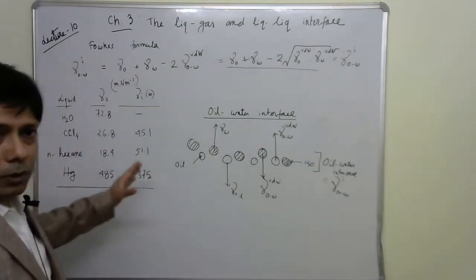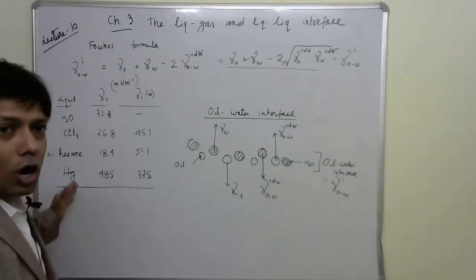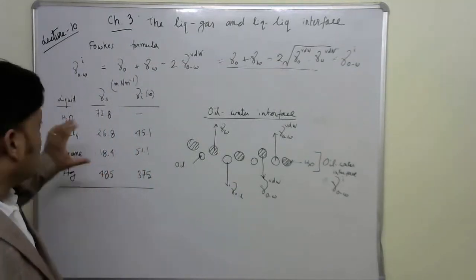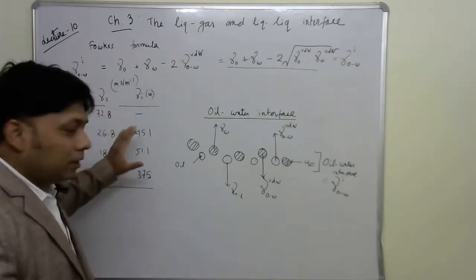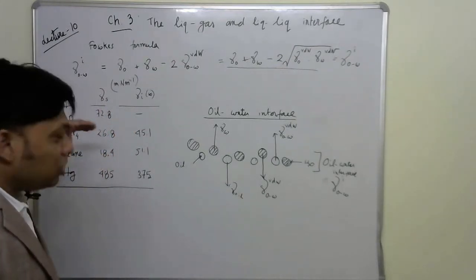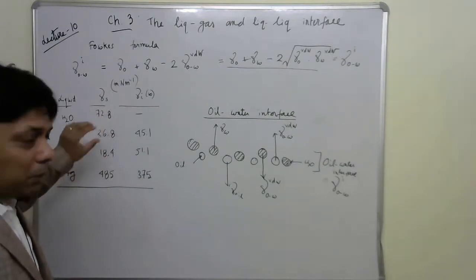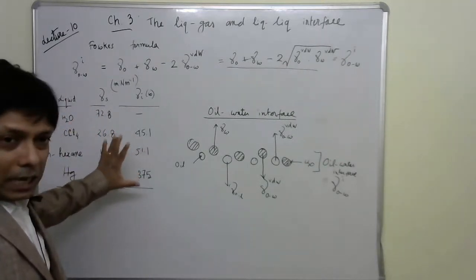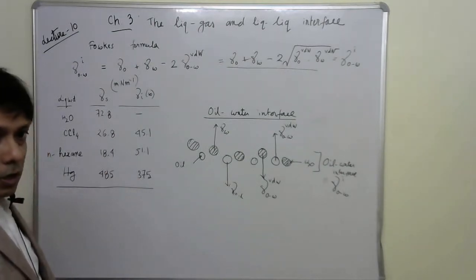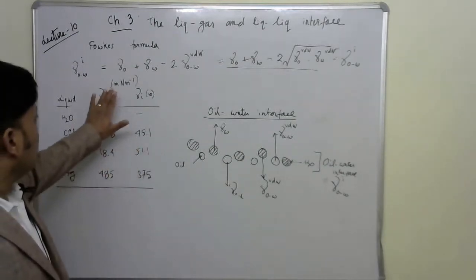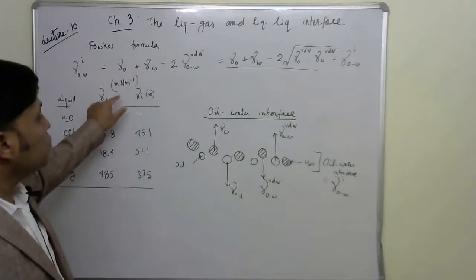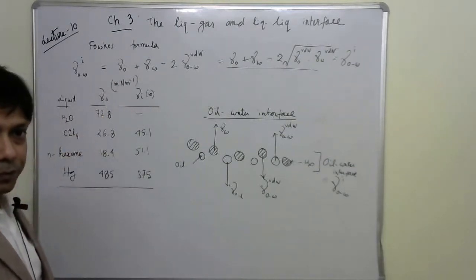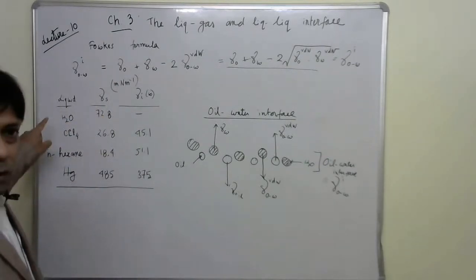Let's take an example. So here I have also written a chart. This chart mentions the experimentally measured surface tension and interfacial tension of different liquids. All these values are in units of millinewton per meter. Let's first go with water.